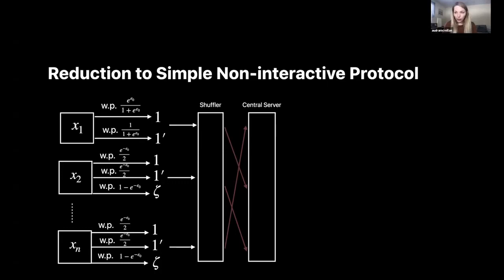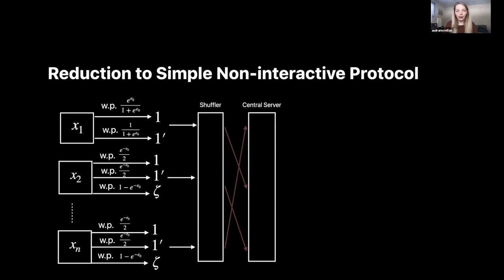So where our amplification comes from is that all of the other data points can also pretend to be ones and one primes. So they all, with some probability, pretend to be one or pretend to be one prime. So I can imagine this output of the first data point as hiding among the crowd.